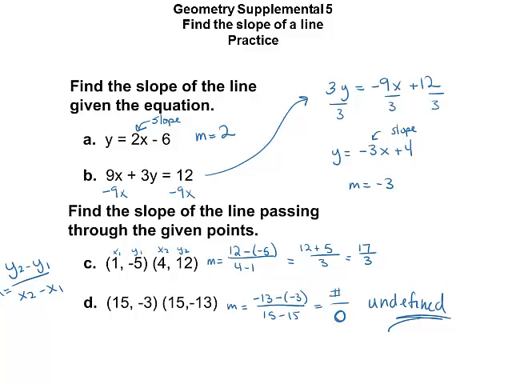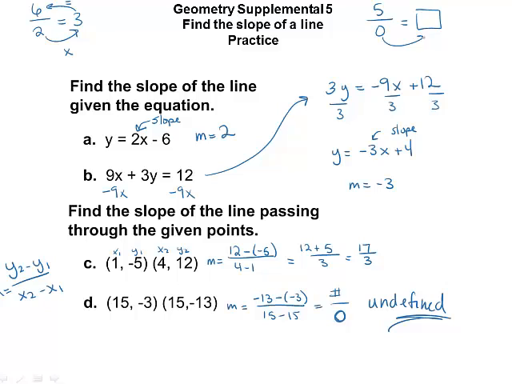Do you guys want to know why? Here's why. If I do 6 divided by 2, that equals 3, right? 2 times 3 equals 6. So that's how division and multiplication undo each other. 5 divided by 0 equals what?